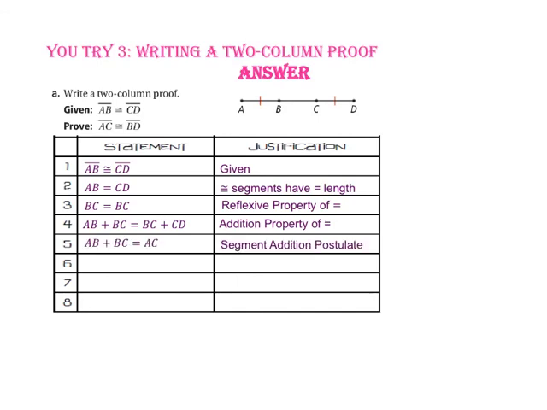For step 6, the length of segment BC plus the length of segment CD equals the length of segment BD. That is also the segment addition postulate. Step 7, the length of segment AC is equal to the length of segment BD. That is substitution. Finally, we can say segment AC is congruent to segment BD because segments of equal length are also congruent.